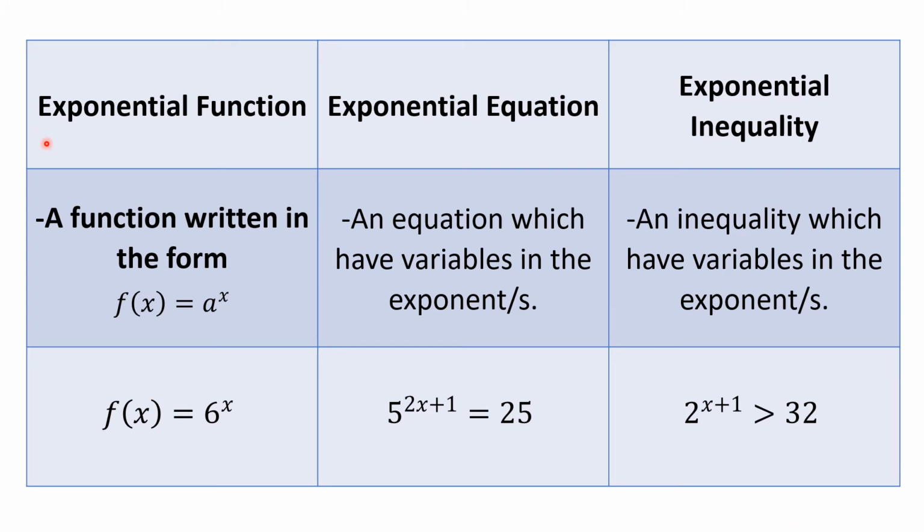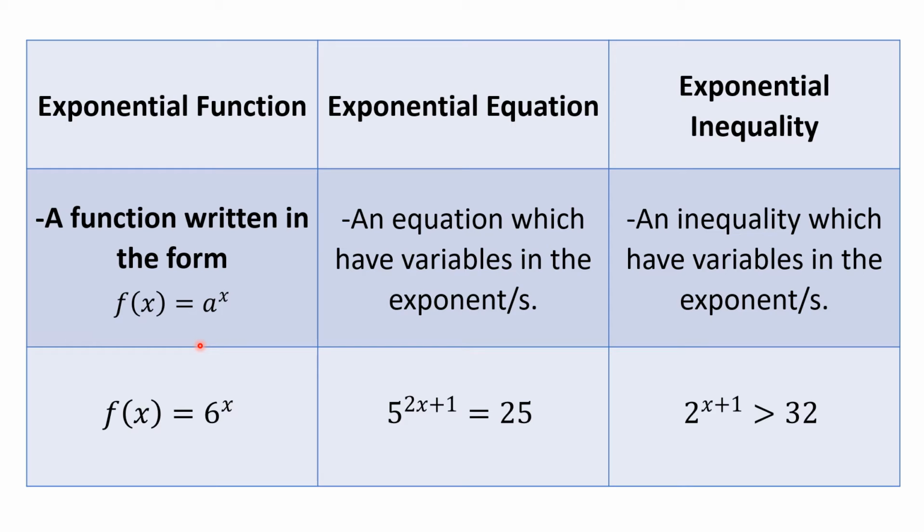Okay, so we have here a table showing the difference between exponential function, exponential equation, and exponential inequality. A function written in the form f of x equals a exponent x is our exponential function, or sometimes we use y equals a exponent x. In our exponential function, if given a certain input, we have a corresponding output.